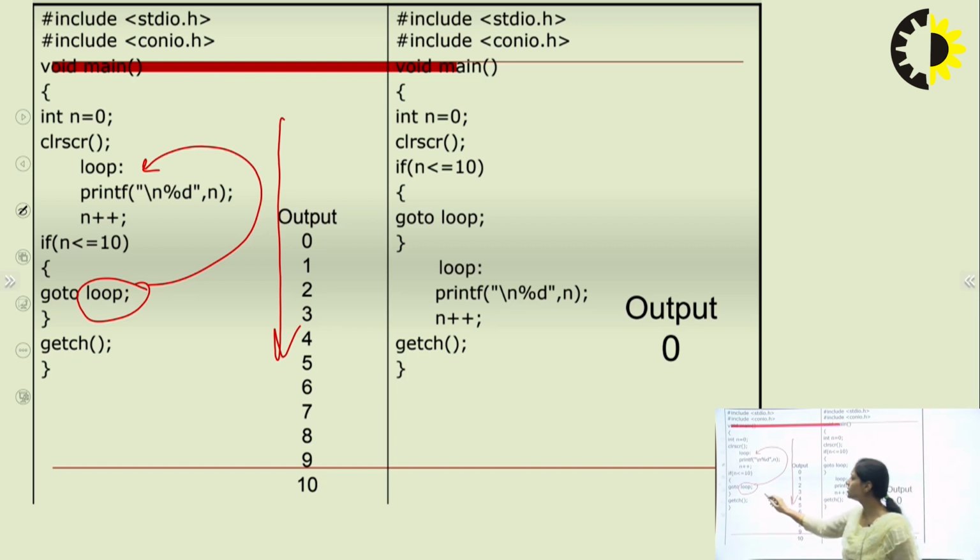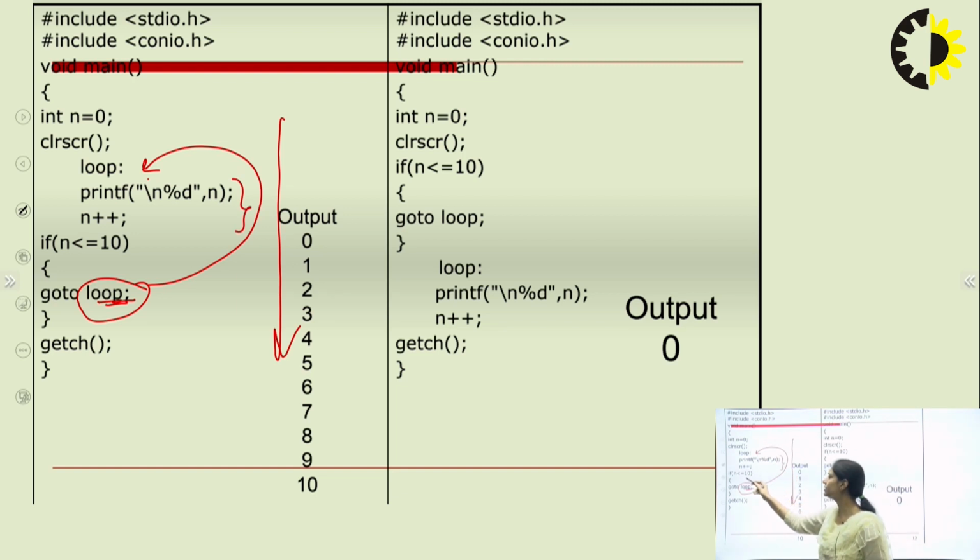So, as soon as this goto is encountered, the label that is over here is checked in the whole of the program and the control directly gets transferred to that label and then the execution of the program starts. Now, in this case, because we have the loop existing at the top, as soon as this goto is encountered, the block of statements inside the loop is executed.